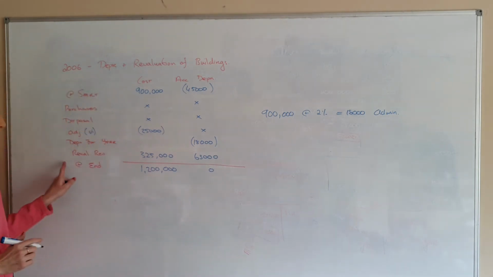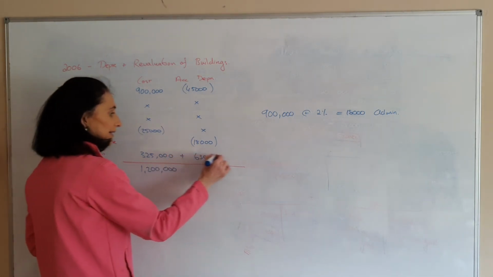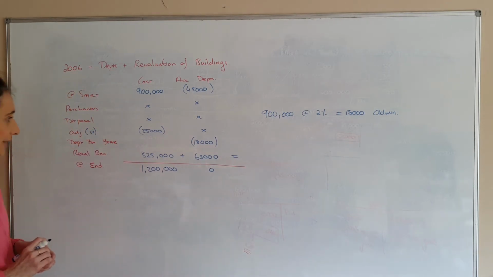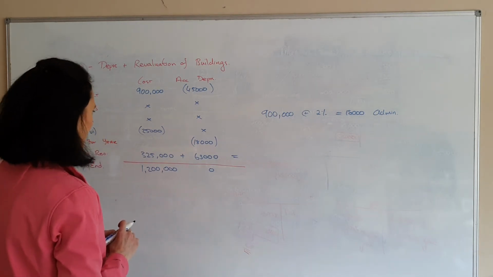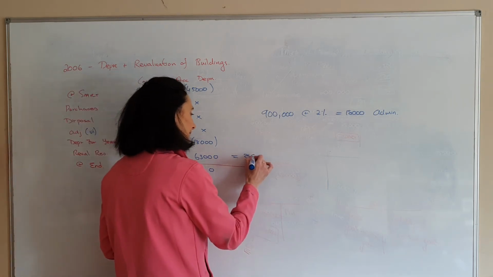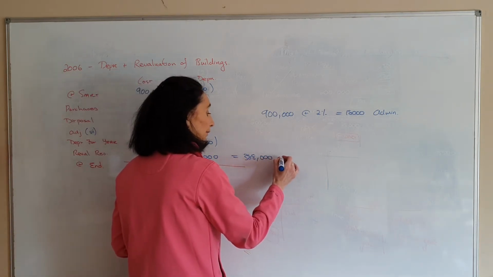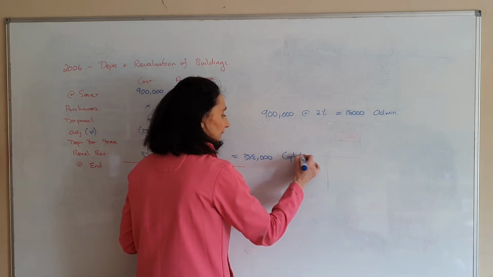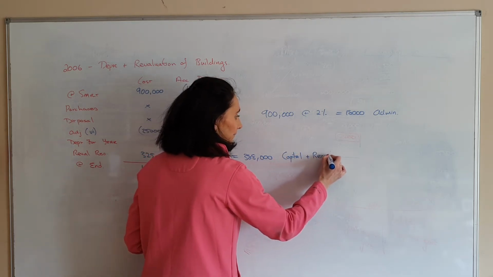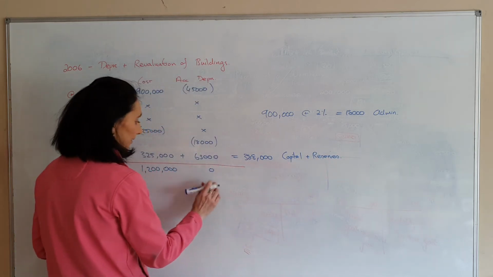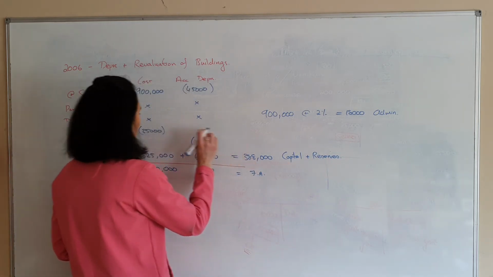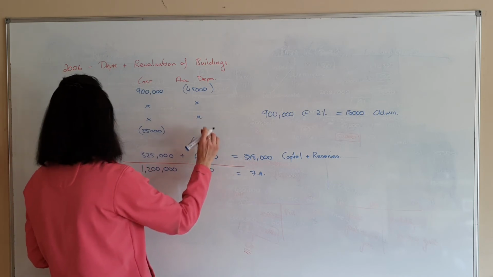Okay, now your revaluation reserve is made up of these two figures added together. So 325,000 plus 63,000 is 388,000. And remember, revaluation reserve goes underneath capital and reserves. This here is how your buildings will look in your fixed assets, and your depreciation again, where's my depreciation?